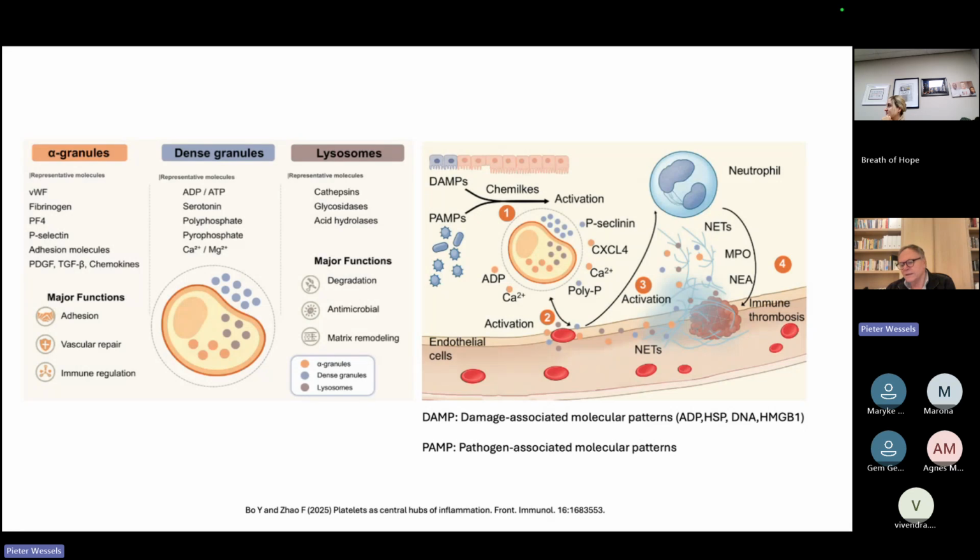If you look at the alpha granule content, you can see von Willebrand factor, that's the sticky protein in our blood, very important to form clots. Fibrinogen, especially in that initial primary hemostatic time, forms the scaffold after the clotting cascade has run. Platelet factor 4 is an interesting little structure.